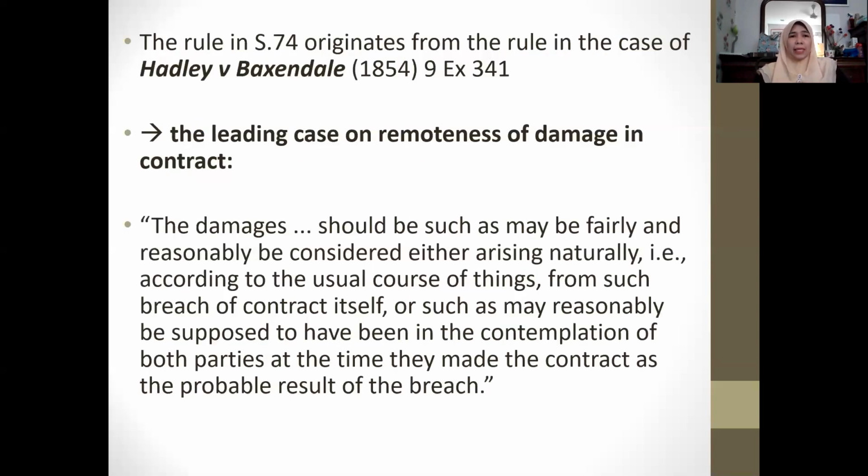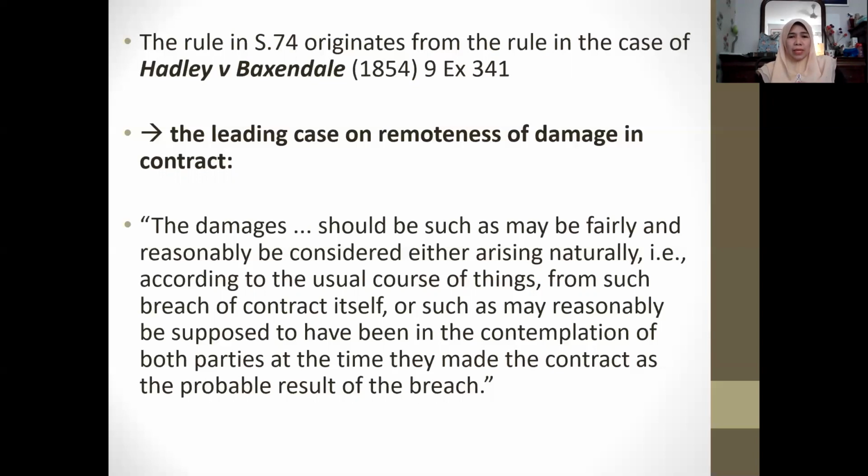And actually, in essence, the rule in Section 74 originates from the rule in the common law landmark case, Hadley v Baxendale, 1854. And this is actually the leading case on damages, the leading case on remoteness of damage in contract. So that's the quotation from the judgment of the case.